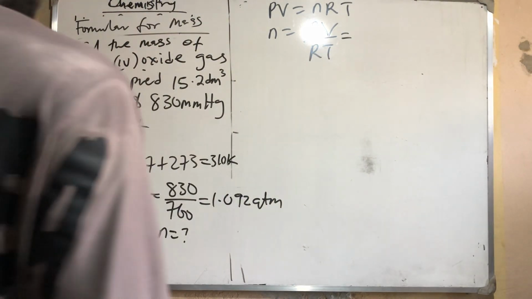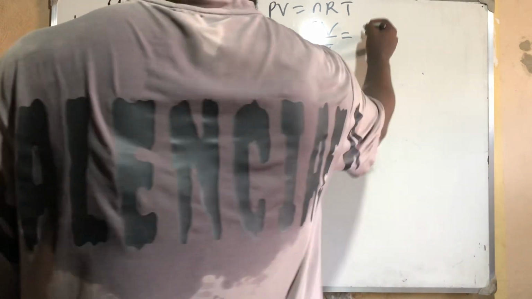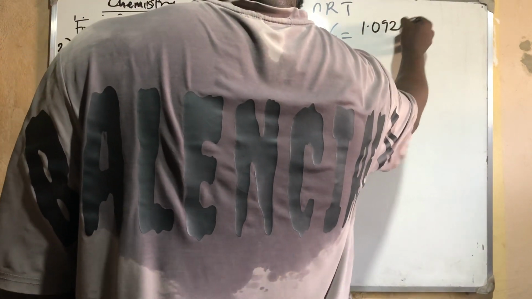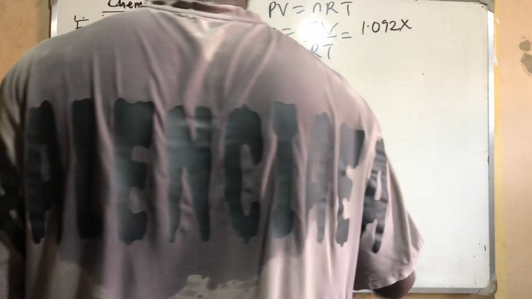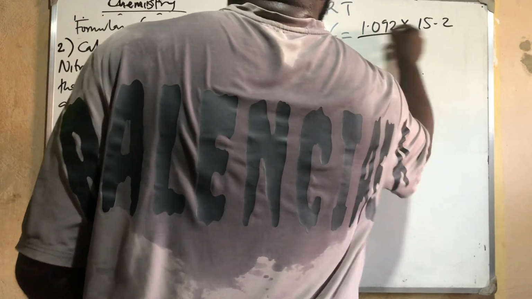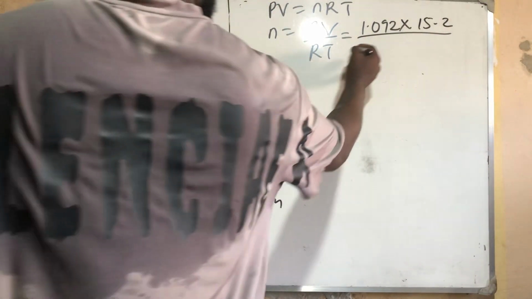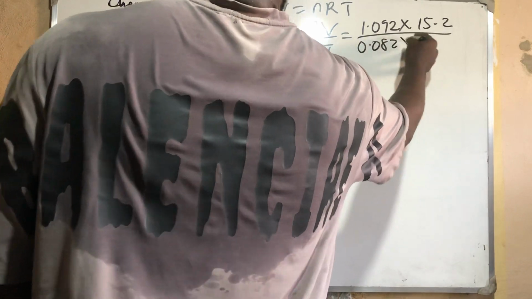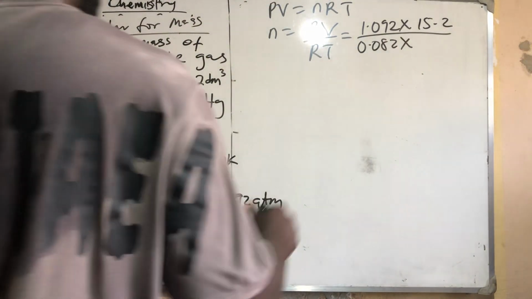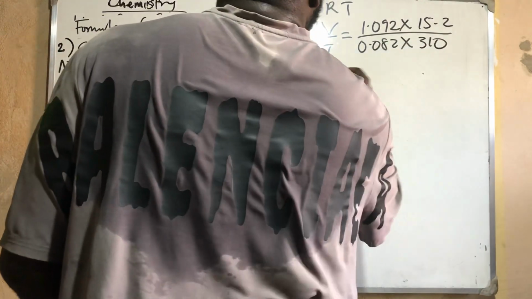My P is 1.092, times my V, which is 15.2, divided by my R, 0.082, times my temperature, which is 310. So what do I have?